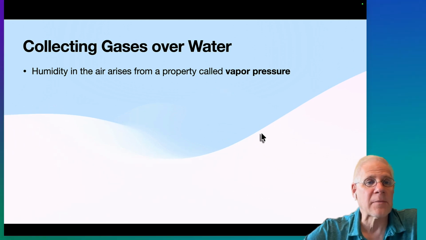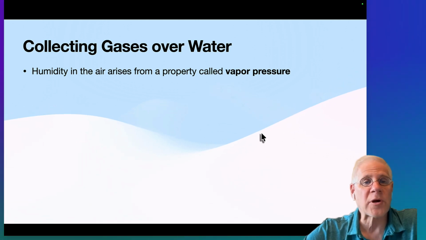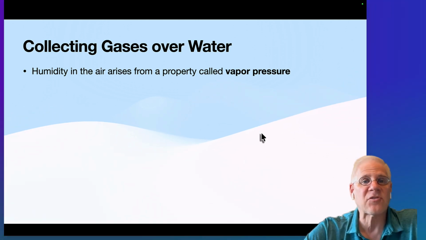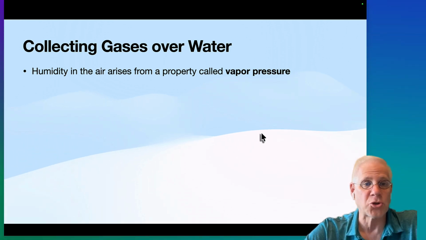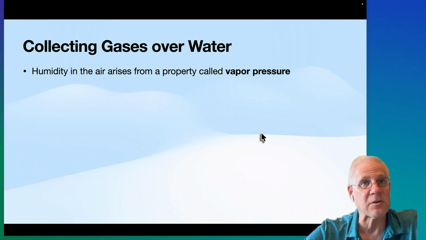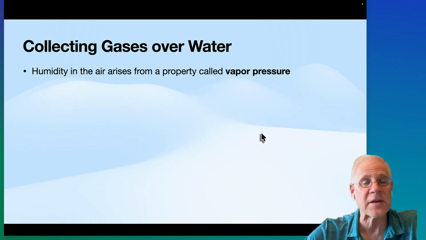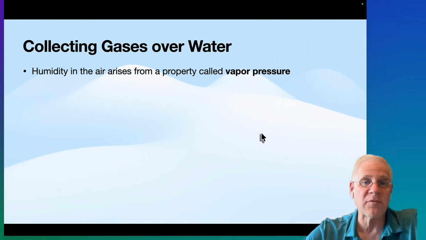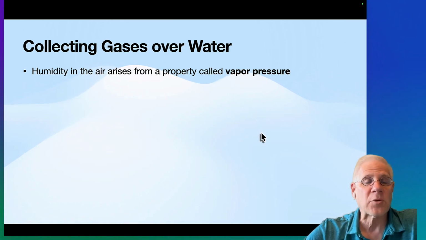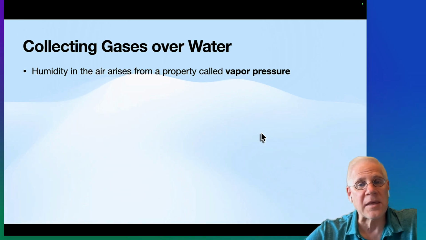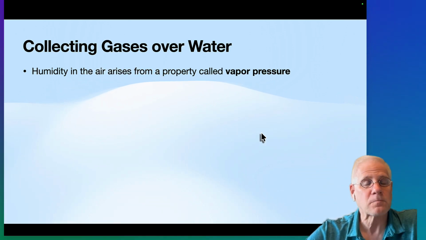Now we talk about that because many times we're collecting gases over water, or more specifically, over a solution where a reaction is taking place and evolving a gas that we're collecting. And we might be measuring the amount of that gas by how much pressure it exerts in the vessel. We have to remember a thing called vapor pressure.